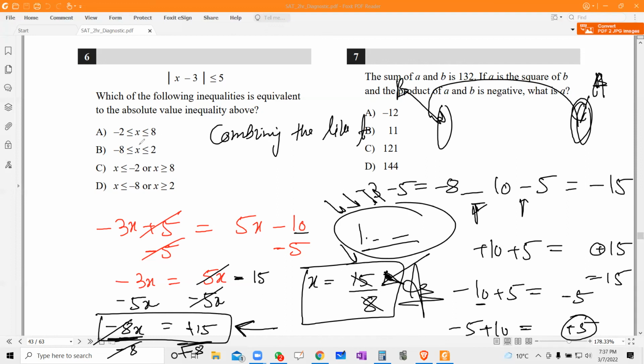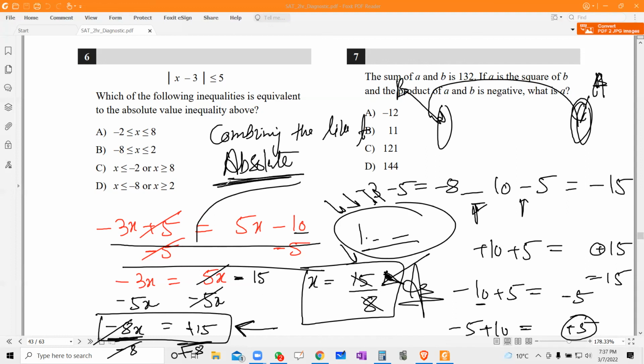So we'll be completing the equations, and after equations we'll be completing the absolute value equations. And after absolute value equations, we'll be completing the inequalities, and after inequalities, we'll be having absolute value inequalities.